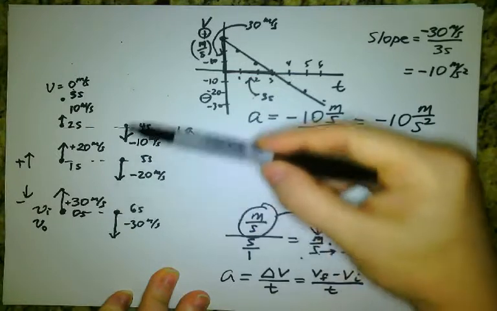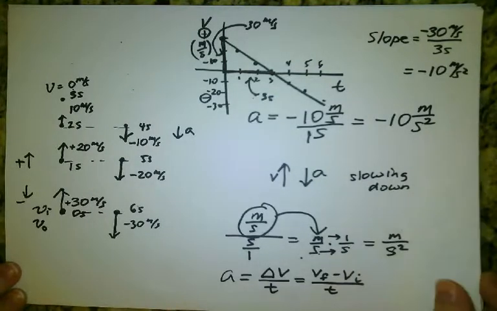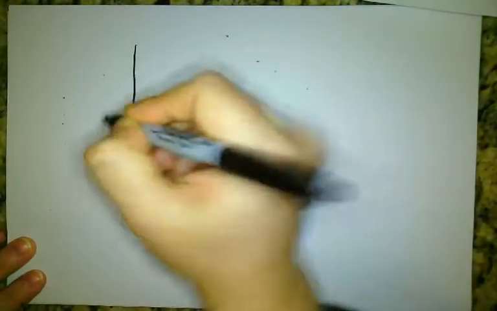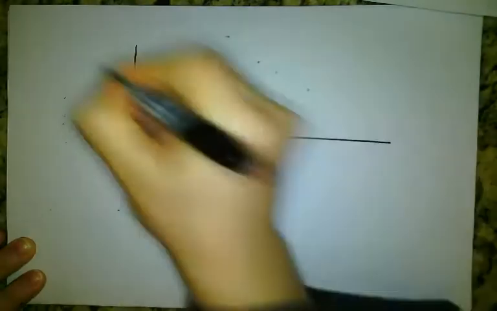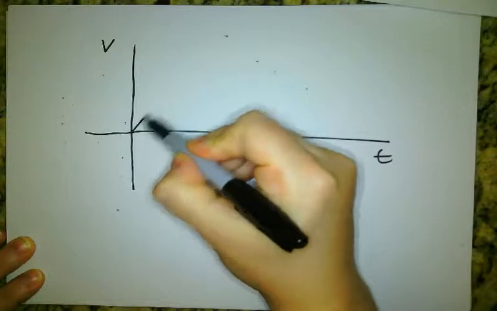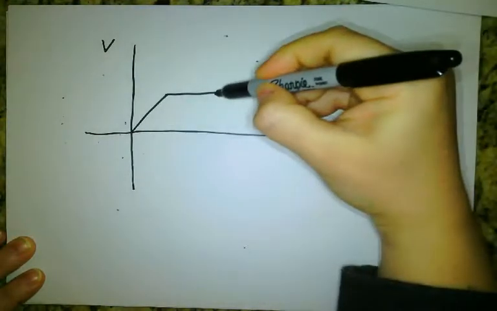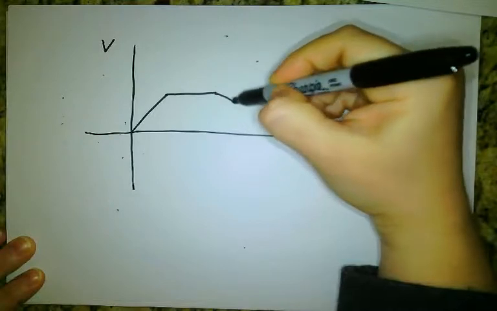So for those of you who now want to interpret a velocity time graph, here let me try to draw something crazy so we can talk about it. Let's do this, and that, and that. Okay, I don't know, that's what came out.